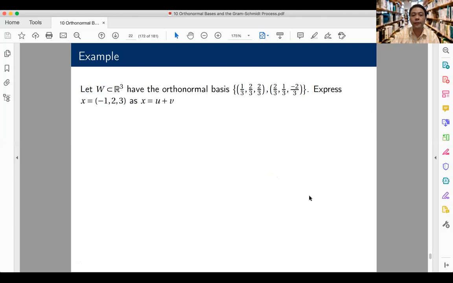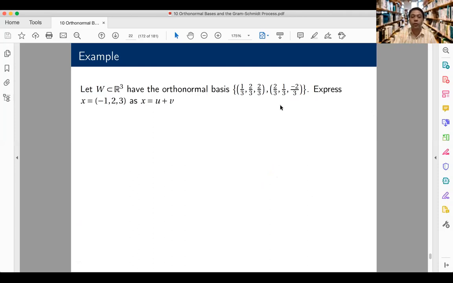Suppose that we have this subspace W, a subspace of R cube, and it has the orthonormal basis. Okay, so the W here, what is W geometrically? What figure is it? W here is a plane. Why is it a plane? Because its dimension is 2, because your basis only has 2 elements.